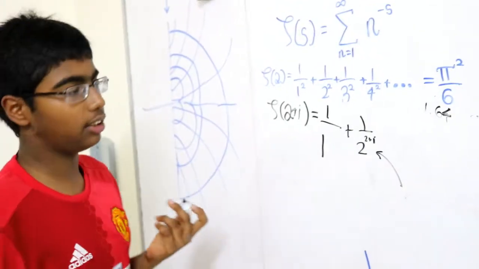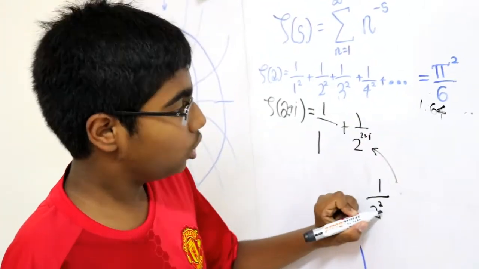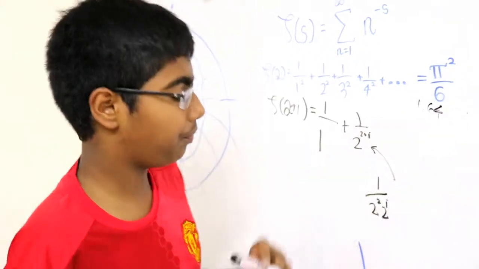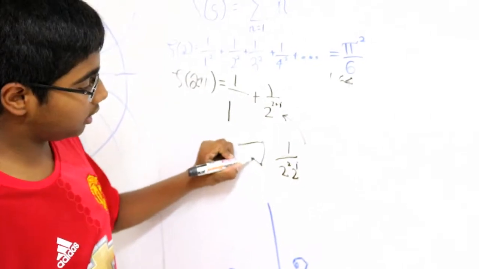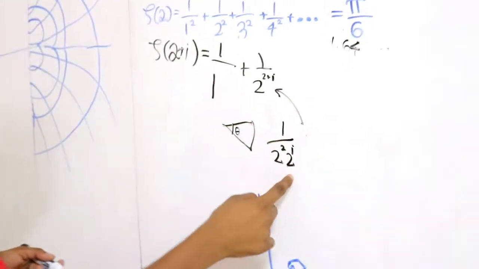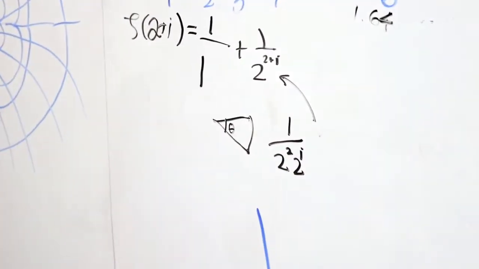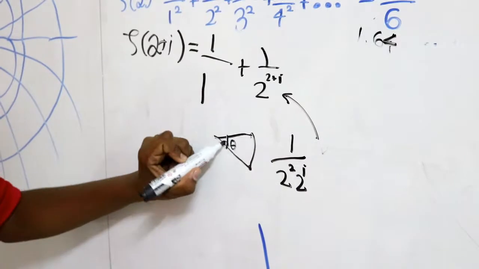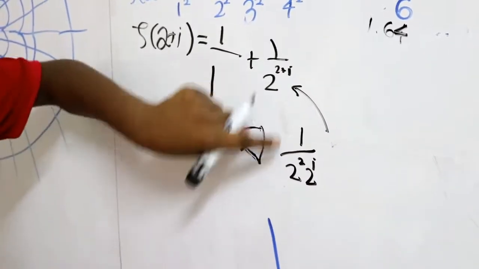Well, we know how to divide complex numbers, but this is actually equal to 1 over 2 squared times 2 to the i. What about this? This is actually like some angle, which is proportional to the log of 2 times the number before i. And it's a rotation of the number 1, and the length will obviously be 1 over 2 squared.